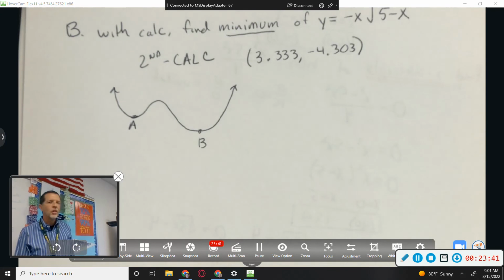Here's a question for you. Does that graph that I just drew have, how many minimums does it have? That's kind of a trick question because you can defend either answer, 1 or 2. I need to be a little bit more specific.